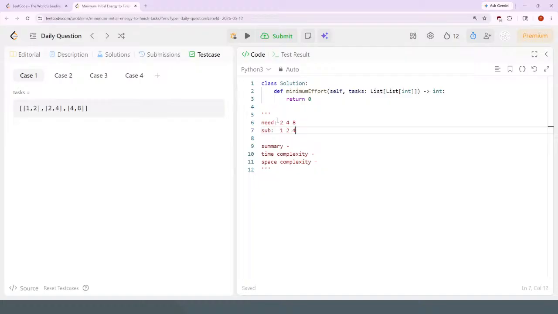I wonder if there's a fast way. If I knew which of the tasks was the final task, can I come up with a fast calculation for how much energy it would take to do all the other tasks, such that I end up with a certain task as the final?